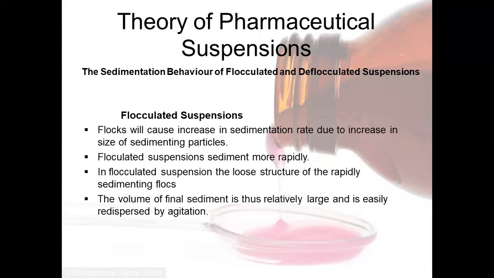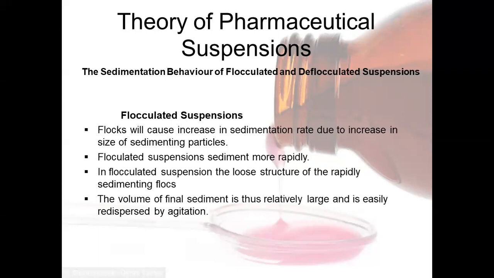In flocculated suspensions, particles aggregate themselves by chemical bridging. These flocks are tight, light, fluffy conglomerates which are held together by van der Waals forces of attraction. Aggregation is achieved by adding flocculating agents.